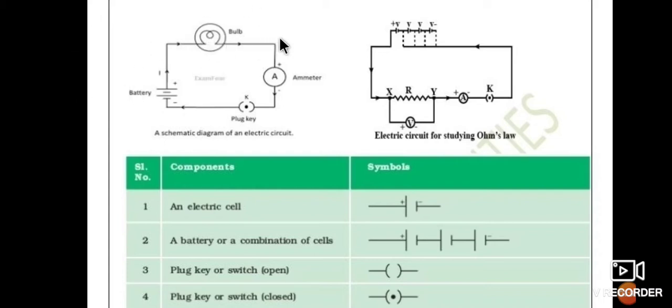Then the next symbol is the ammeter. You know that to measure the current in a circuit, for that purpose we have to use the ammeter.